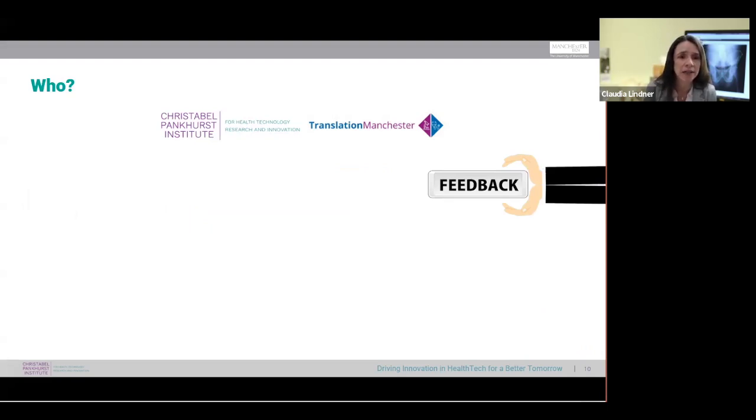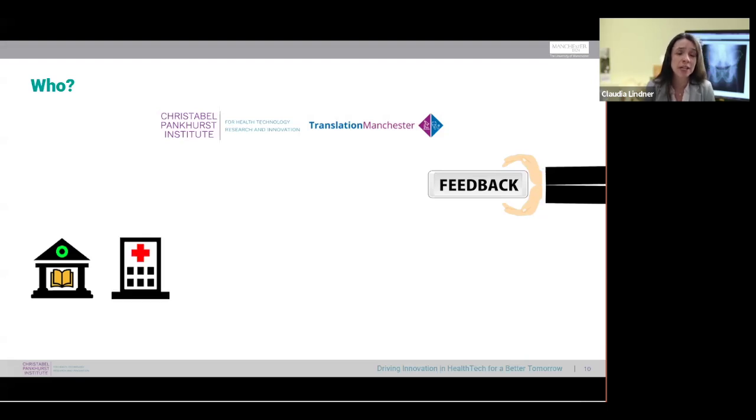And so those stakeholders included, for example, academics who had experience in translating health technologies, clinical experts who are active in the innovation space in terms of taking research innovations into practice, and industry, who are working in the translational space and supporting other people in making that success, progressing their innovations to a real-world successful product.